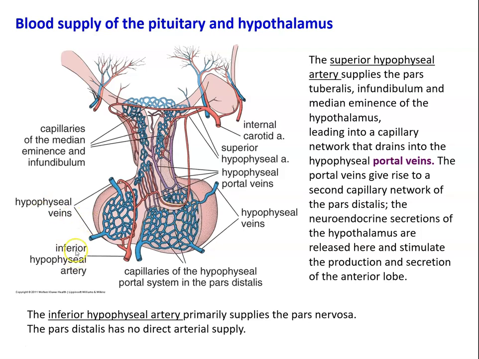Now, the inferior hypophyseal artery supplies the pars nervosa here, and is only very peripherally connected between the two lobes. So what this really means is that the pars distalis does not have a direct arterial supply. It's only supplied via the portal veins.